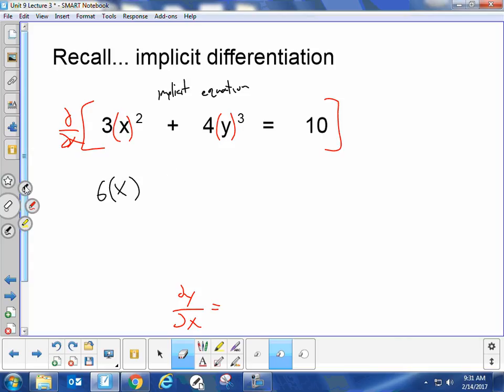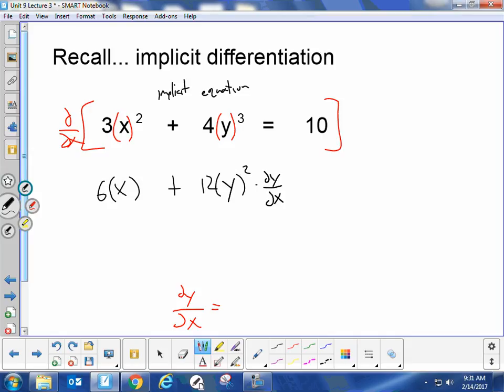But when I do it with 4y cubed, the derivative of the outside would be 12 stuff squared. But then when I multiply that by the derivative of y with respect to x, I write dy dx after it. So it would be 12y squared dy dx. And then the derivative of this constant is 0. We should know that. And then we can solve for dy dx by subtracting 6x and dividing by 12y squared, giving me negative x over 2y squared, right?